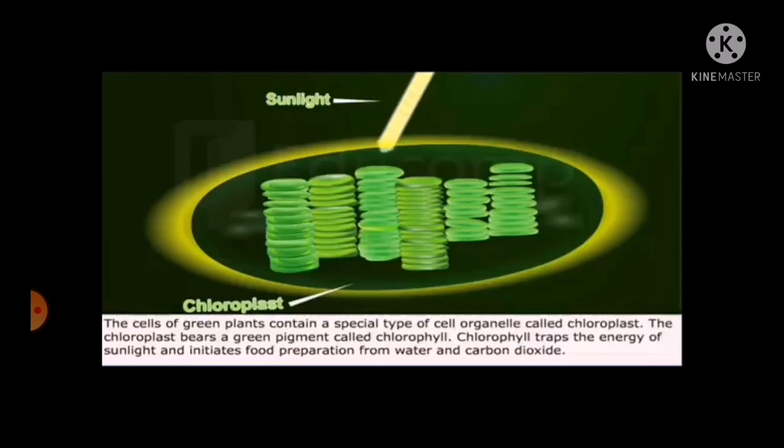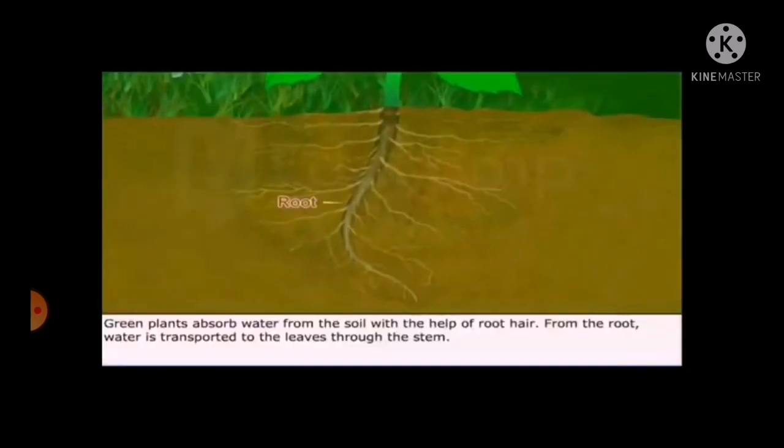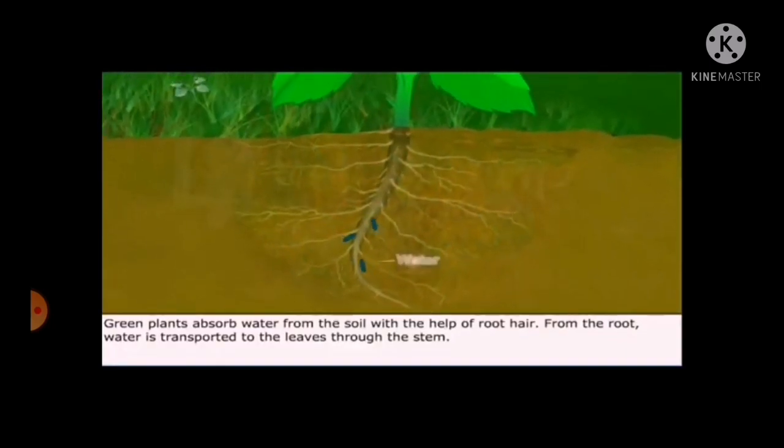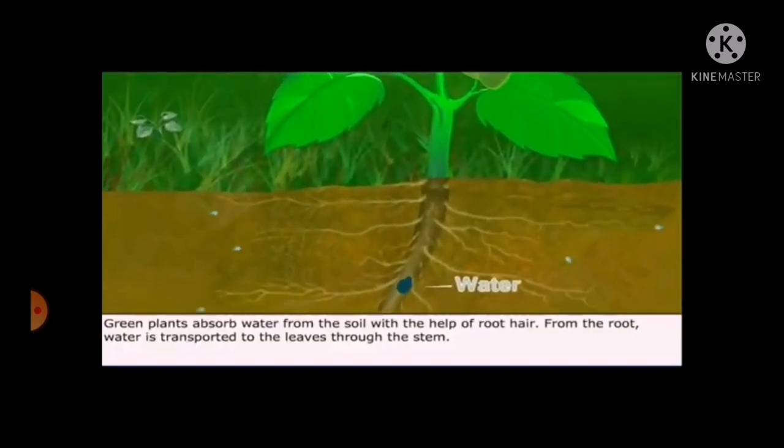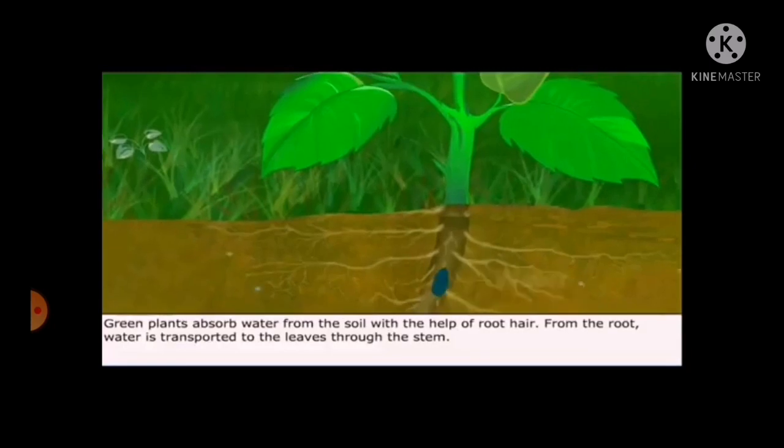So inside chloroplast, chlorophyll is present. Chlorophyll is the green pigment which traps sunlight. Green plants absorb water from the soil with the help of root hair. From the root, water is transported to the leaves through the stem. Can you see that?